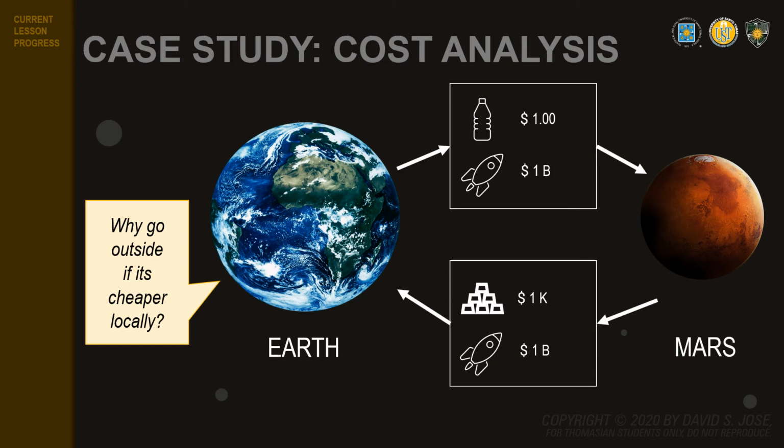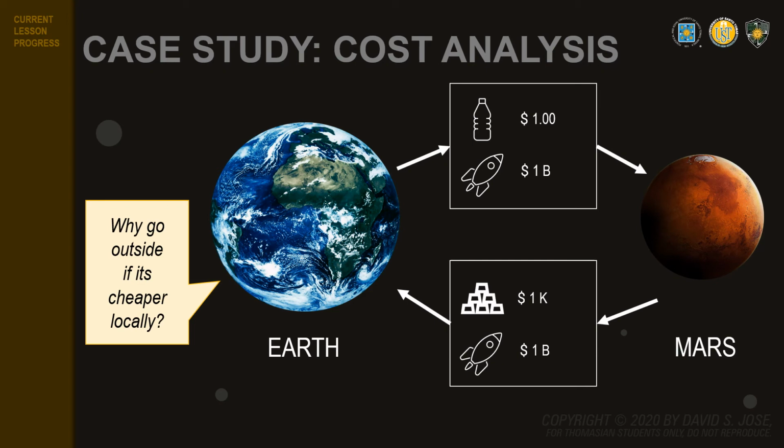Although we can mine a lot of valuable resources, if their value is nothing much, why do we have to go outside if it's cheaper locally? Yes, it's a profit, not a loss, but still, why go outside?